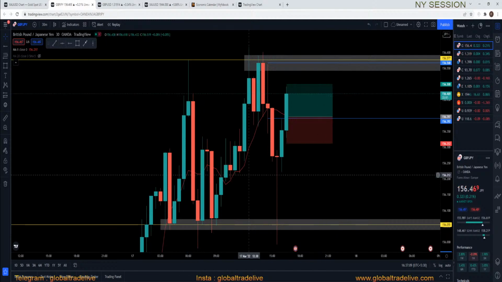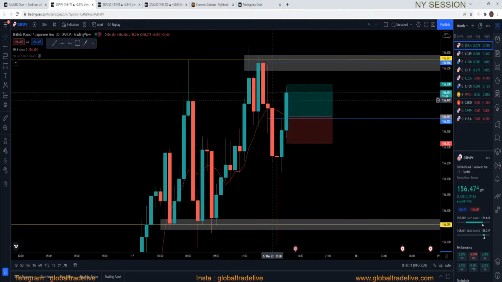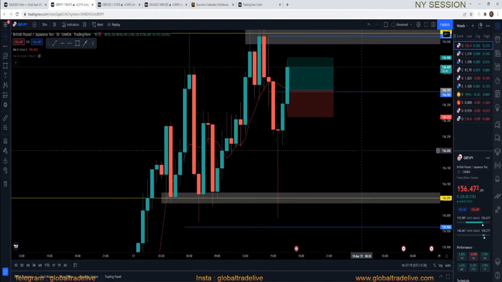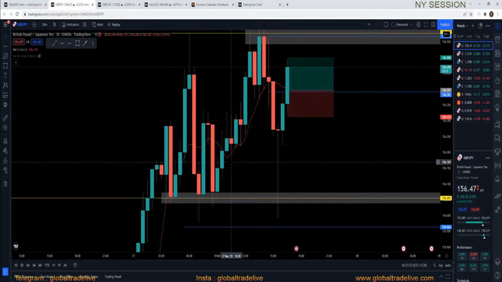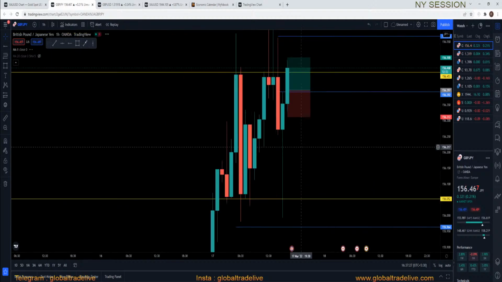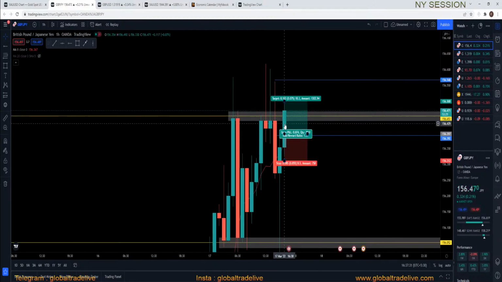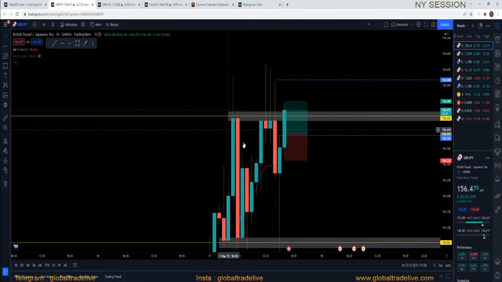Some people will say that there's no clean range, so why did you take the trade? The thing is, when you look at the overall market structure, you analyze all the things together across multiple time frames, and then you take a decision. So this 1 hour candle has already been testing these wicks again.